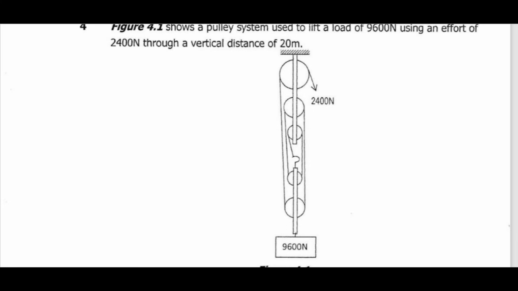Figure 4.1 shows a pulley system used to lift a load of 9,600 using an effort of 2400 through a vertical distance of 20. Okay. Then let's look at the question. Before we look at the question, this is where the effort must be applied. This is where our load is.